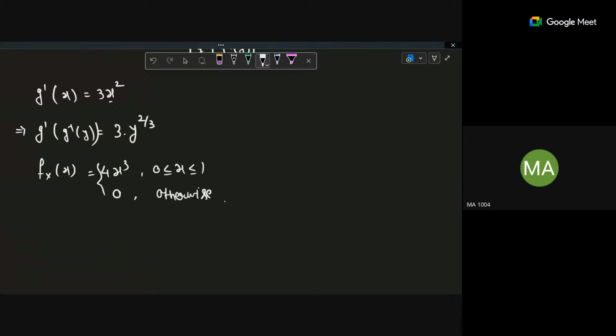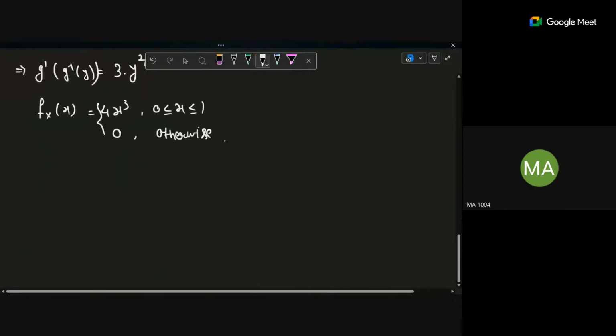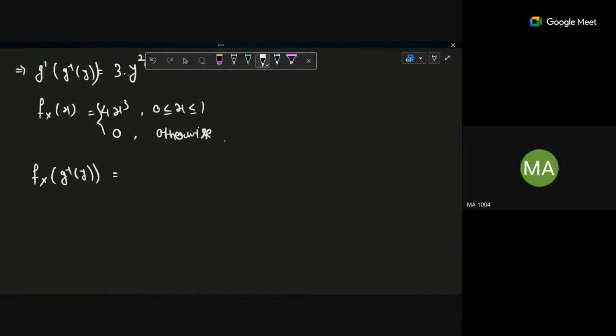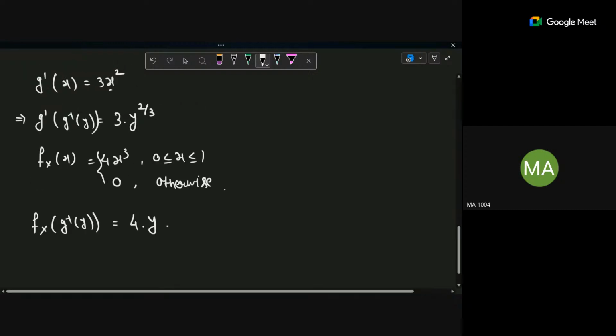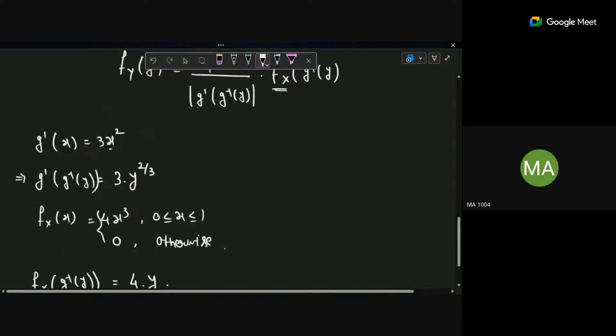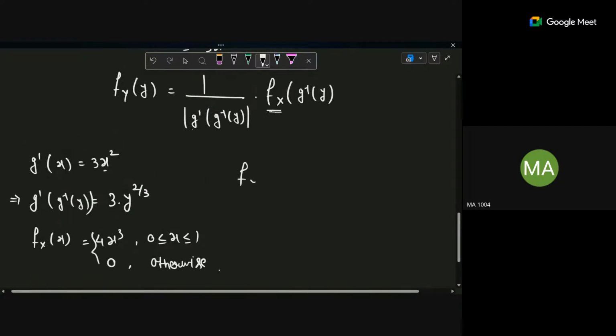So what will be our fx of g inverse of y? Just putting y raised to the power 1 by 3 in place of x, so 4 into y. Fine. So putting all these values in this formula, what do we get?